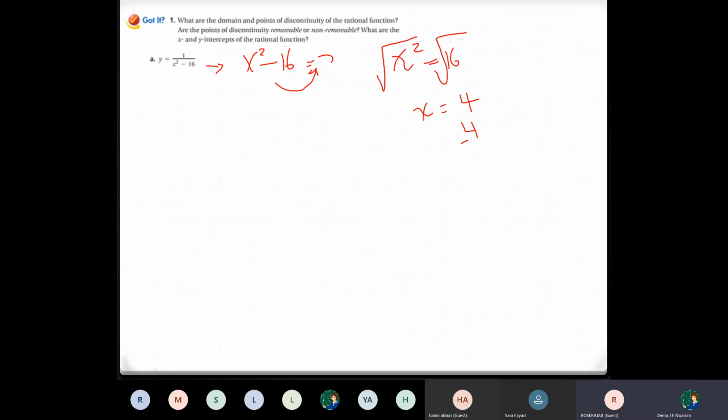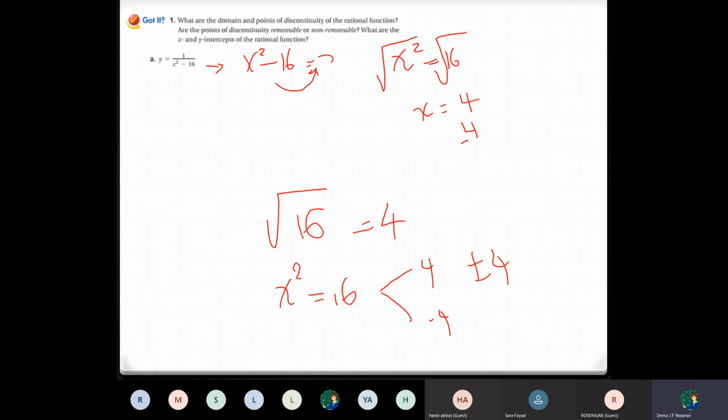Negative 4. You have to know something. If I asked you about the square root of 16, it's only 4. But if I told you that x squared equals 16, x cannot be only 4, it has to be positive and negative 4.